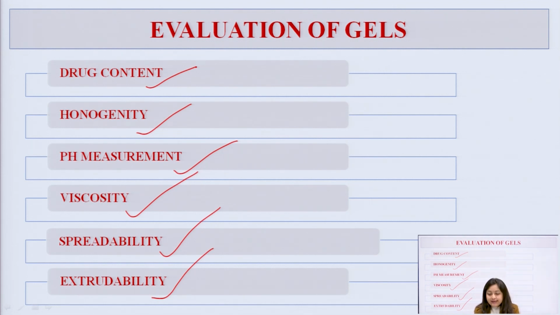Drug content is a simple test that helps us analyze whether the quantity of the drug incorporated during formulation has been lost over time. We do not want a product to lose its efficacy. We want that whenever the product was manufactured and during its shelf life, the product remains intact. As a result, drug content is analyzed.